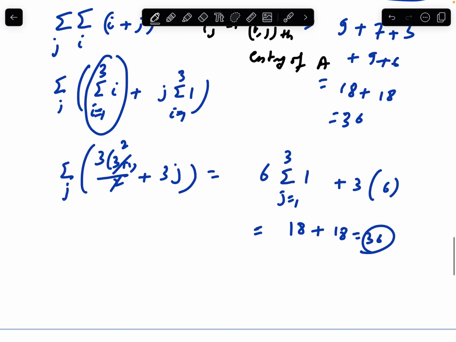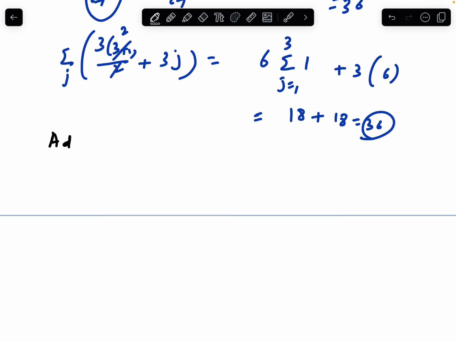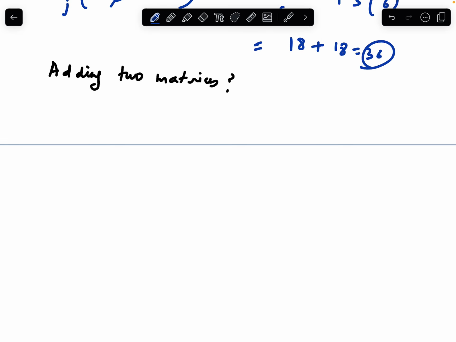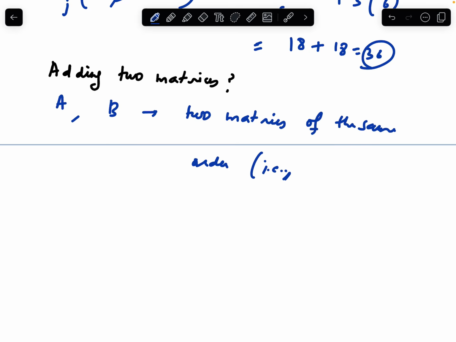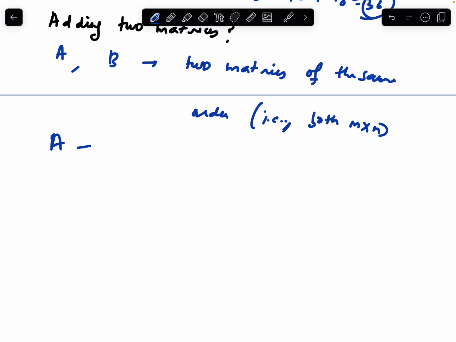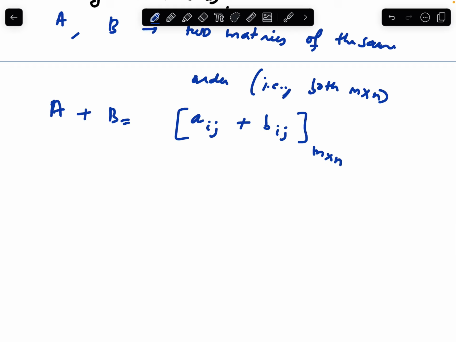Now, how do we add two matrices? If A and B are two matrices of the same order, that is, both are m by n, then A plus B is nothing but Aij plus Bij, m by n, right?